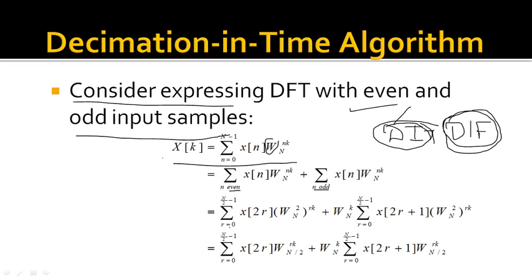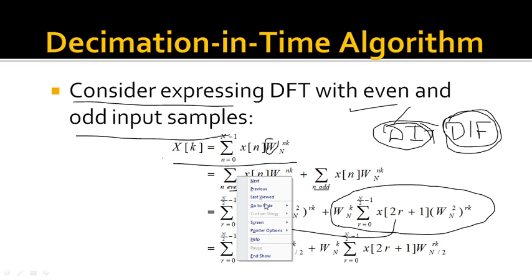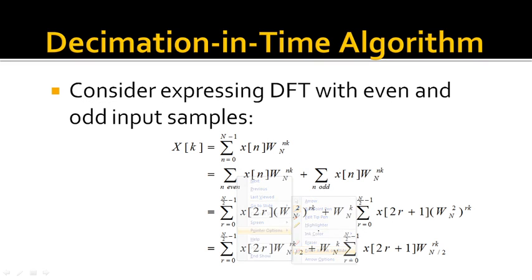I use r because I have divided n into odd and even. So x of twice r for the even part, and for the odd part I add twice r plus 1. Are you getting it? Very good. Just a minute, I will rub this portion again.